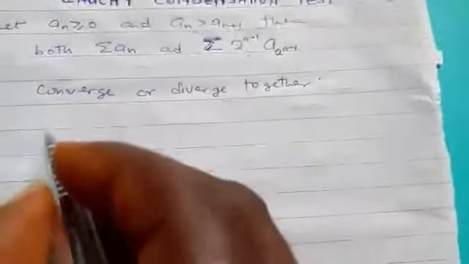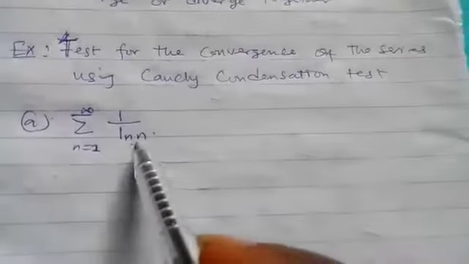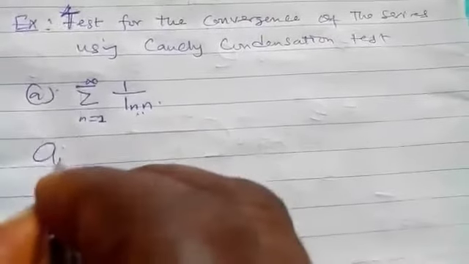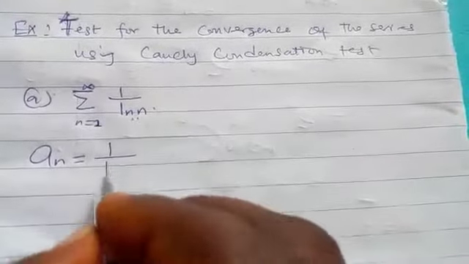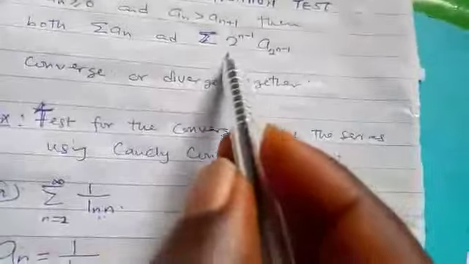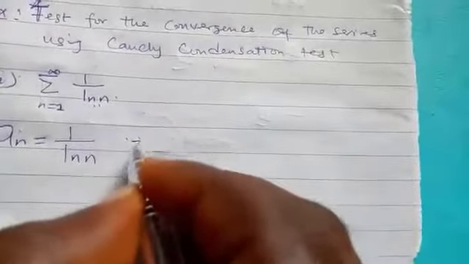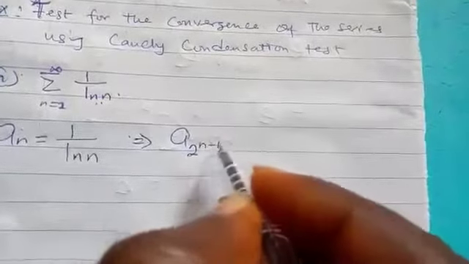So let's take an example. Now we want to test the convergence of this series using the Cauchy condensation test. The first thing is we need to know our a_n. Our a_n is 1 over ln n. Now we need to find a_{2^(n-1)}.